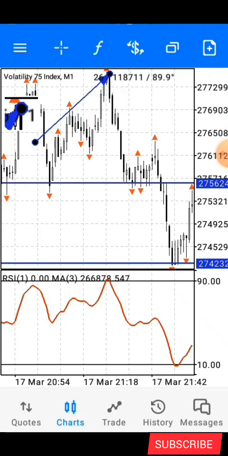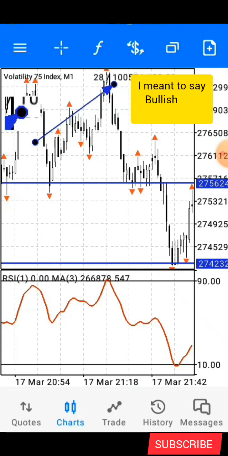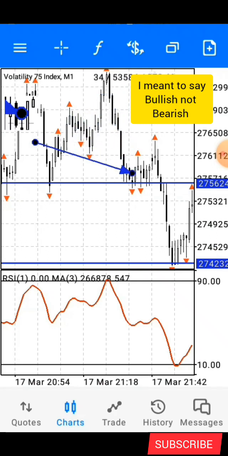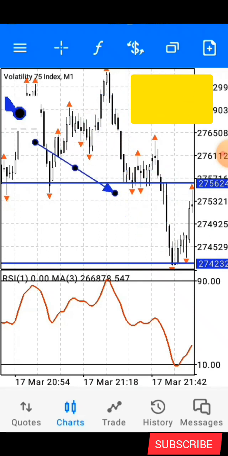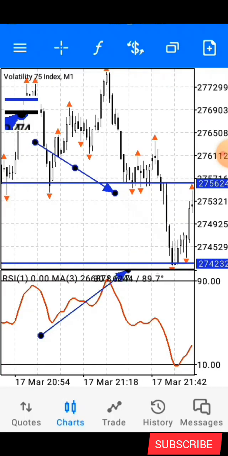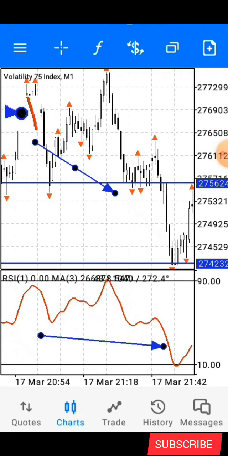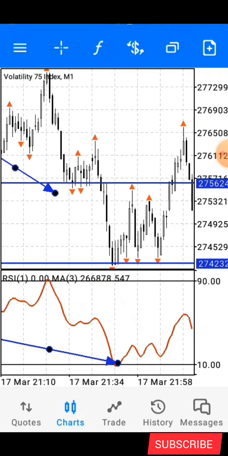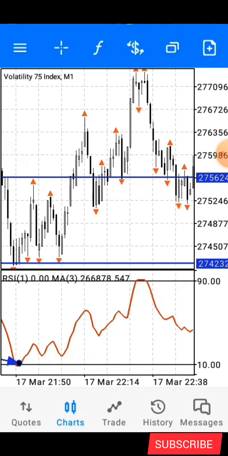You can see how it's longer than the previous one, and then the next thing that happened, it starts going down. Before you look for that, you need to allow price or the moving average to get to the overbought level first, and then you write it down. So I don't need to explain much for you. You already know.